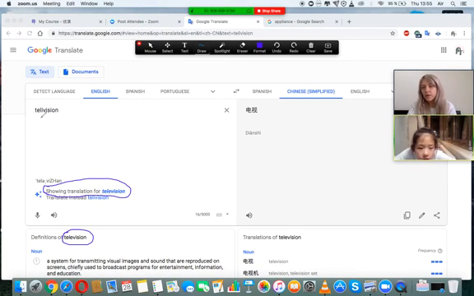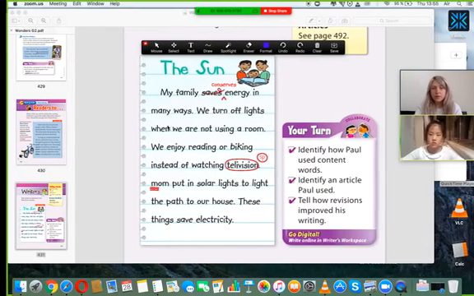Here we have television with I, and we need to write it with E. Do you see the difference? Alright, that's good. So try to remember it.